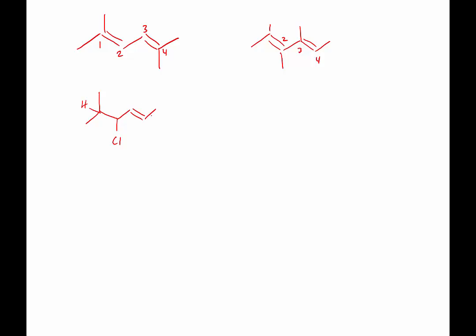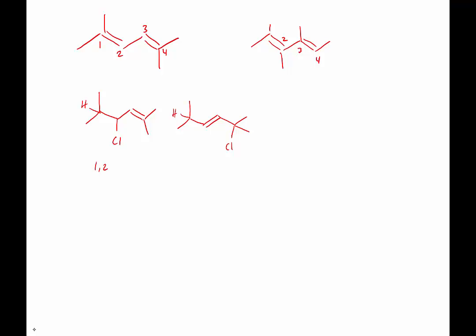So there is my 1,2 product. And what would my 1,4 product look like? Add H to carbon 1, move the double bond between 2 and 3, and now add the Cl over there. So there's my 2 products from the molecule on the left.